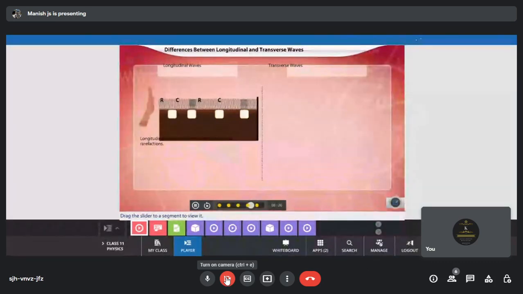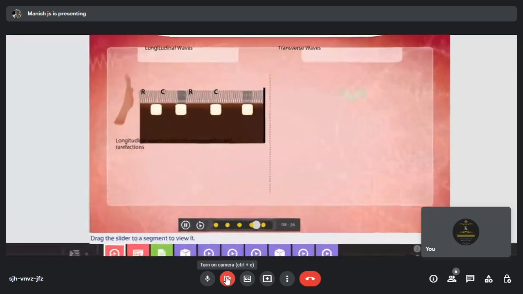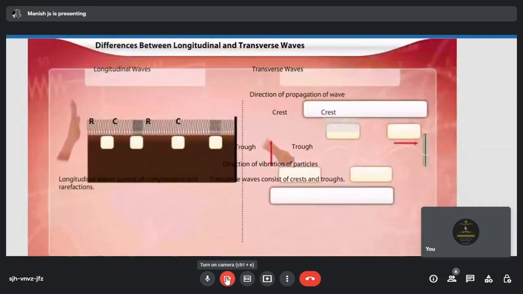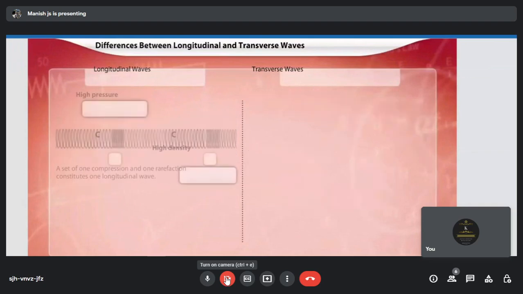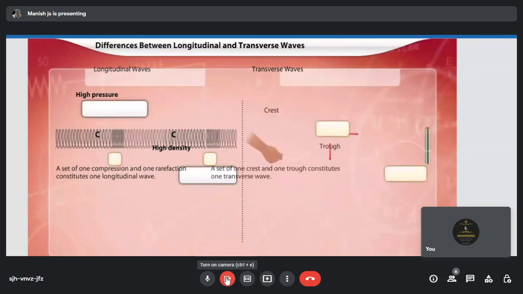Longitudinal waves consist of compressions and rarefactions. Transverse waves consist of crests and troughs. A set of one compression and one rarefaction constitutes one longitudinal wave. A set of one crest and one trough constitutes one transverse wave.